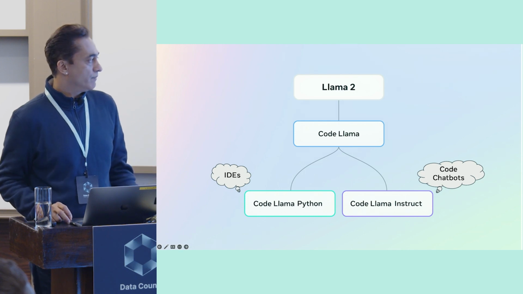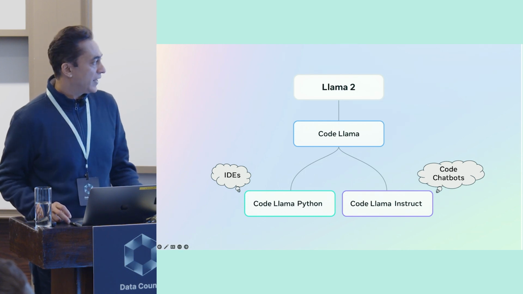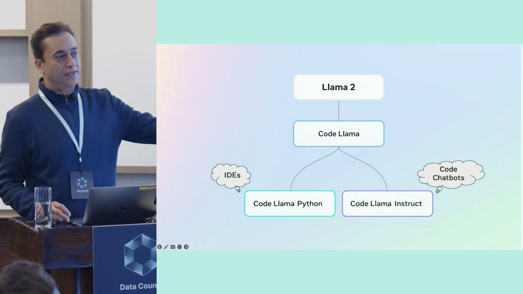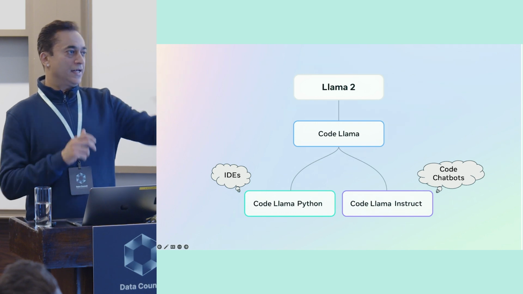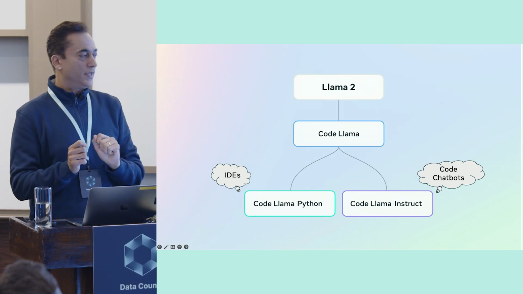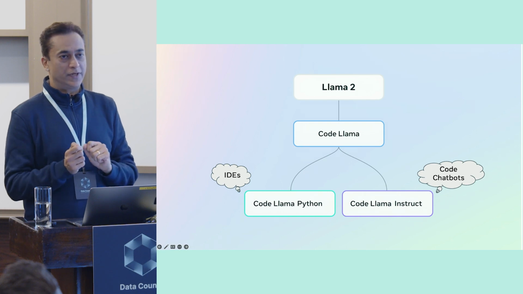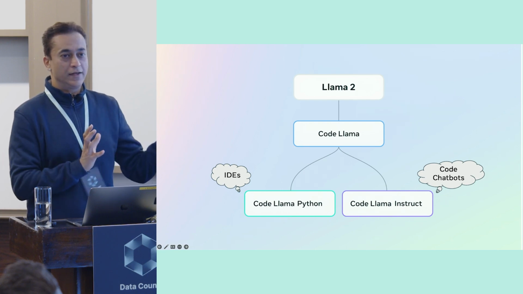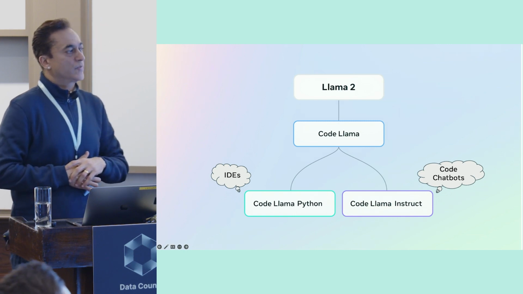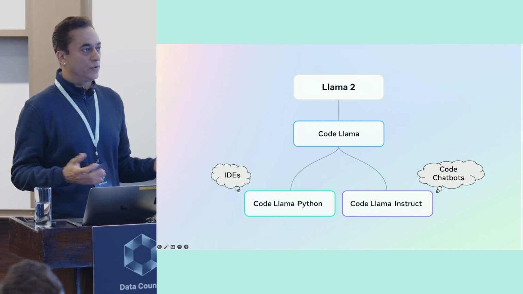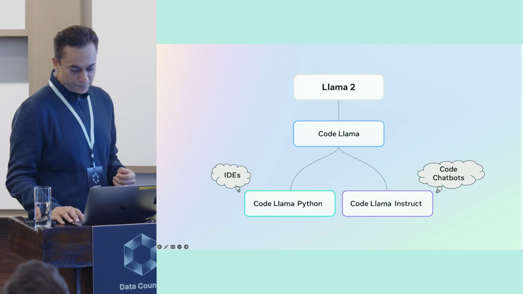It can help you generate code faster. And there are code chatbots as well. That's why we build the CodeLlama instruct models, which are used for chatbots. So you can converse with the assistant to help you understand certain pieces of code. You can copy a piece of code, paste it, and then ask CodeLlama to actually analyze what that code is about.